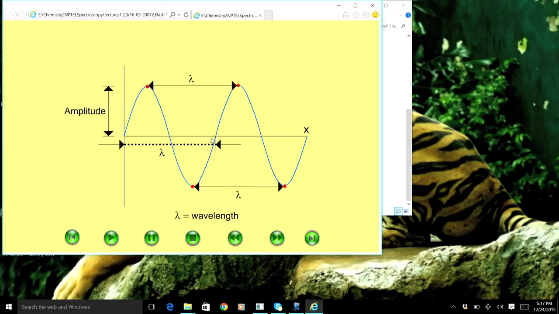Whatever the distance, that length is called the wavelength. So lambda is the same whether it is between these points or these points. It is the length of one full wave.